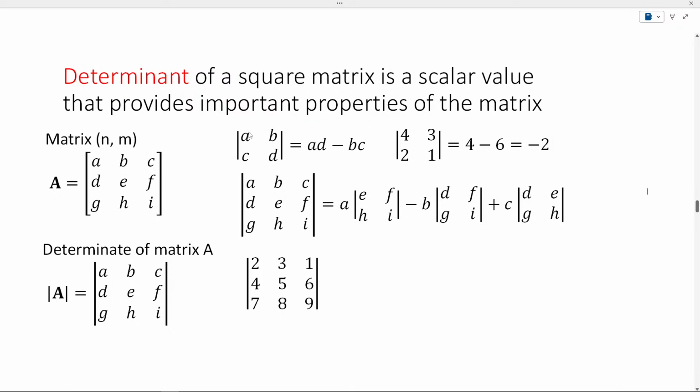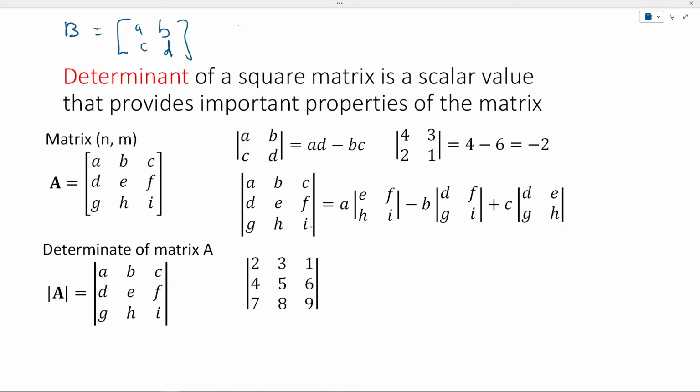The determinant of the matrix is expressed by these two bars that you see here. So for example, if this is matrix A, the determinant of matrix A would be this bar, for example. If this is, say, matrix B equal to A, C, B, D.